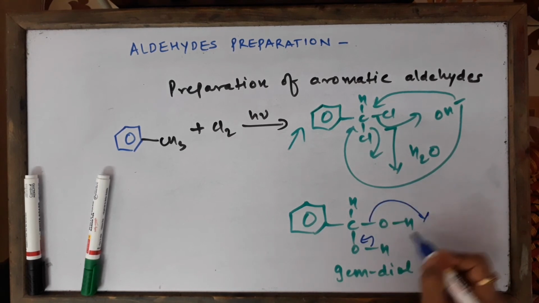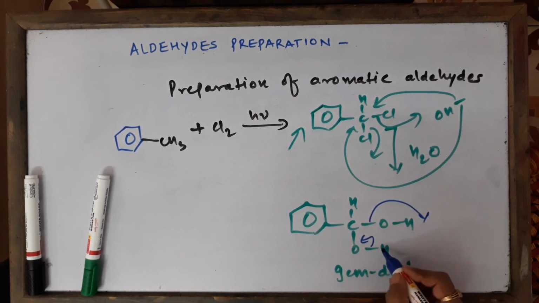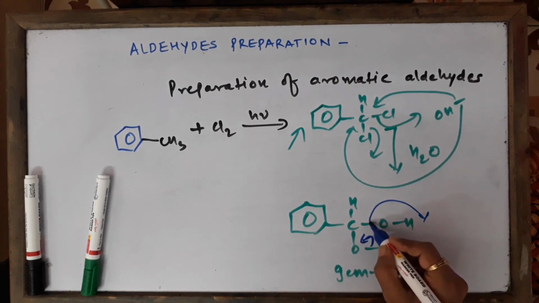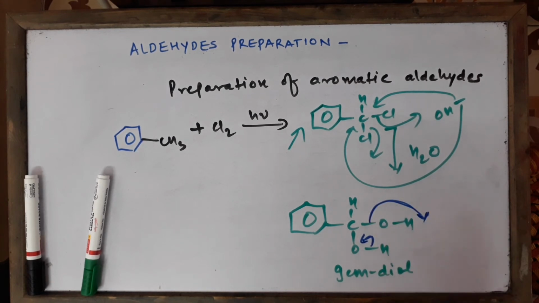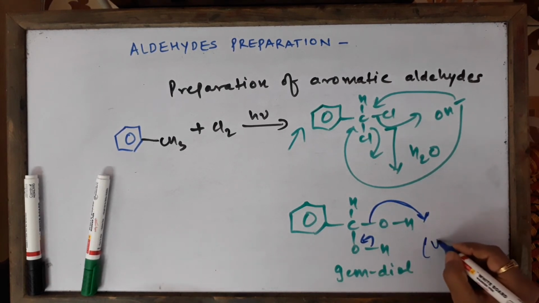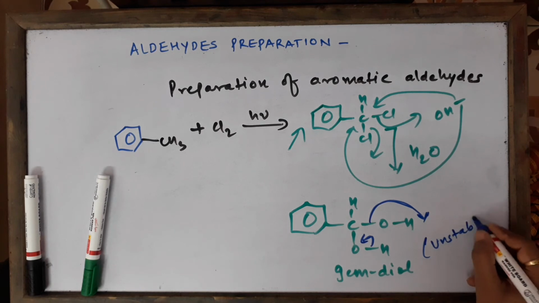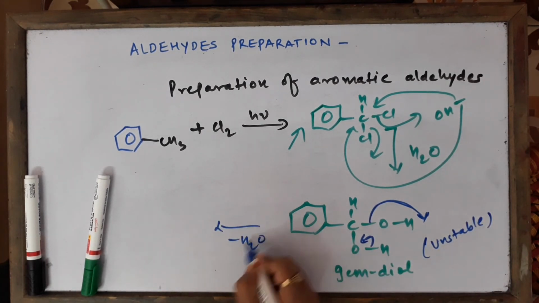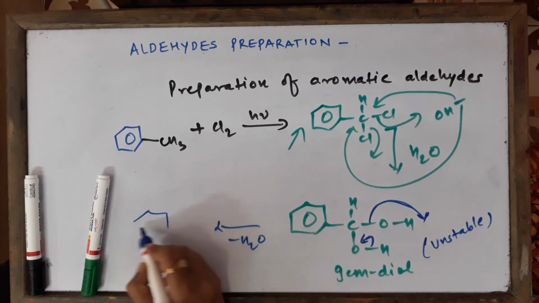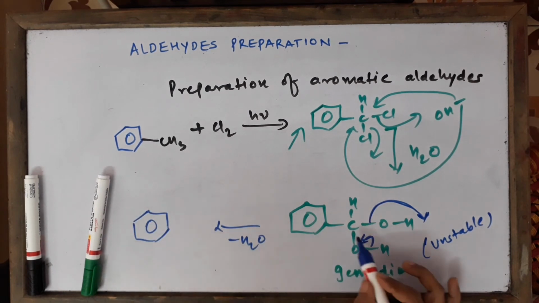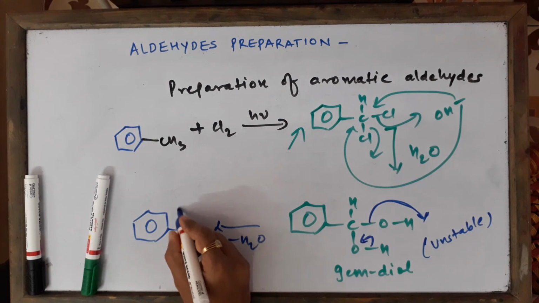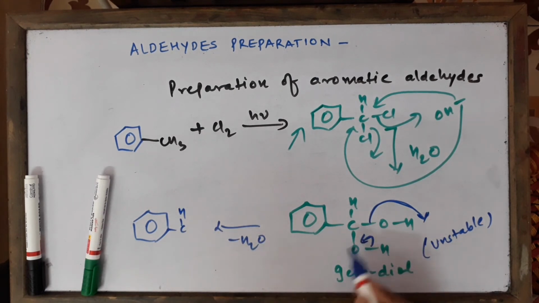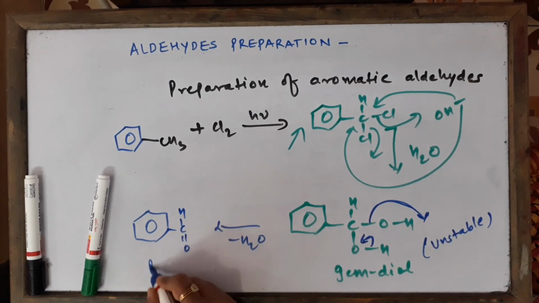This is the way we show that H plus goes out, without its electron, and the OH goes with the electron pair. So geminal diols, being highly unstable, undergo spontaneous dehydration, minus H2O, and we get the formation of CH double bond O, benzaldehyde. We got benzaldehyde.